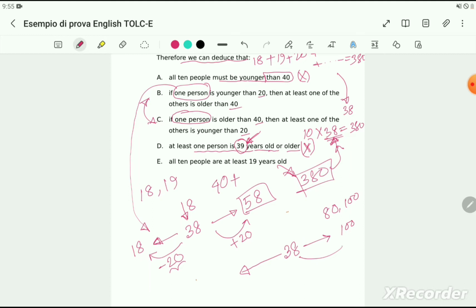So for the age difference here, for simple calculation we can choose a number like 98. Yes, for example 98. Then it gives us the difference, 60 years.